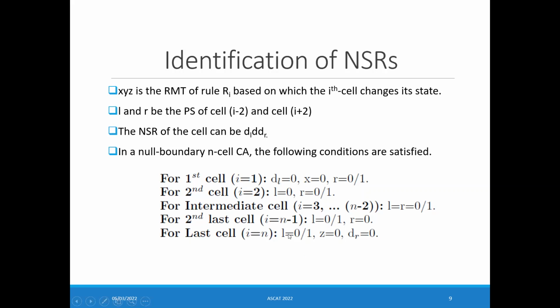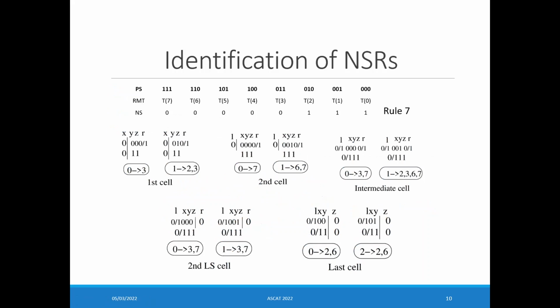For a null boundary CA, the leftmost cell will always be set to 0. That's why the value of X will always be 0, and the value of L will always be 0. And the rightmost cell may be either 0 or 1. Similarly, for the second cell, intermediate cells, second last cell, and last cell, this condition will always be true.